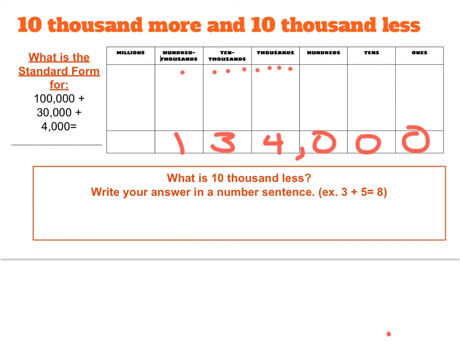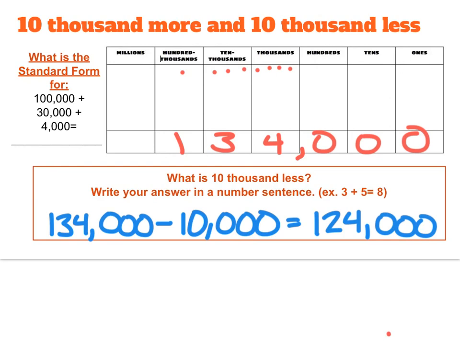The question asks, what is 10,000 less? Write your answer in a number sentence. Please pause the video and figure out what 10,000 less is and write it in a number sentence. So your number sentence should be 134,000 minus 10,000 equals 124,000.